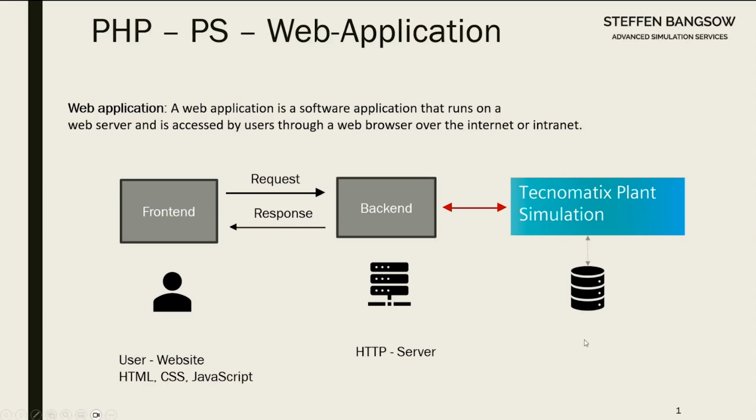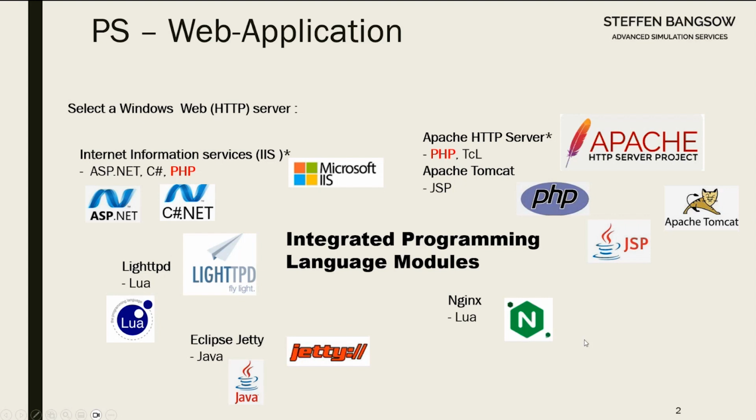Why PHP? We are in a Windows world, and if you have to select an HTTP server, you have a limited selection. You have the Internet Information Services from Microsoft.